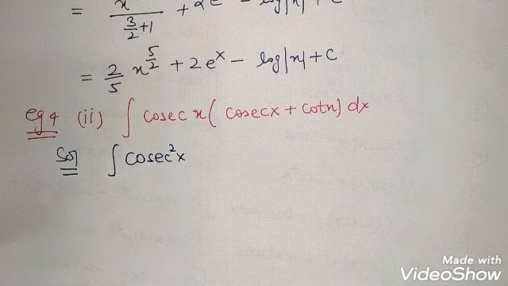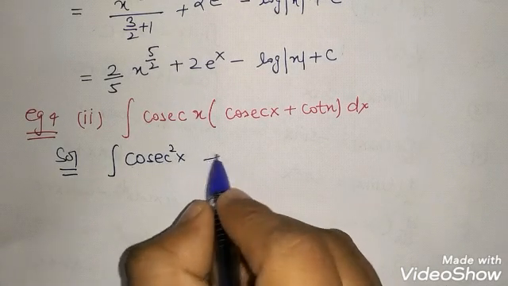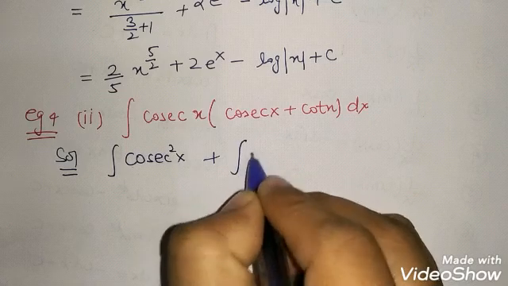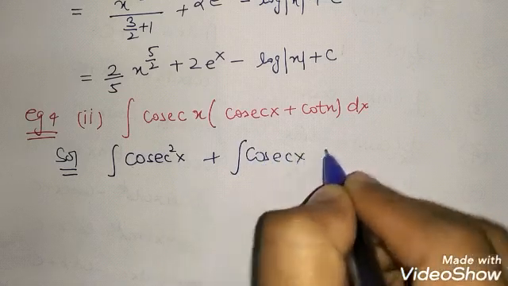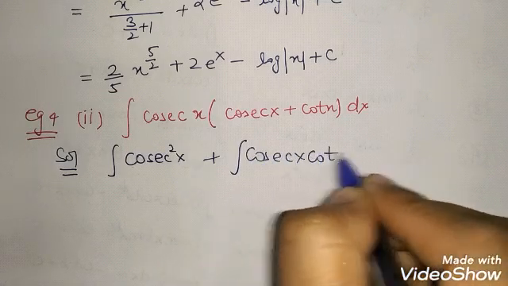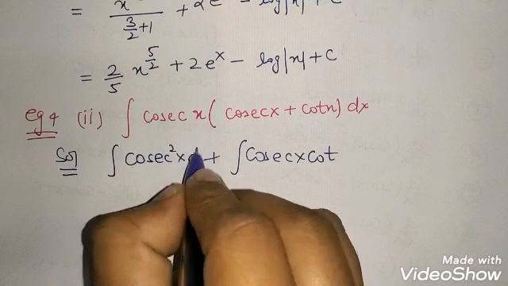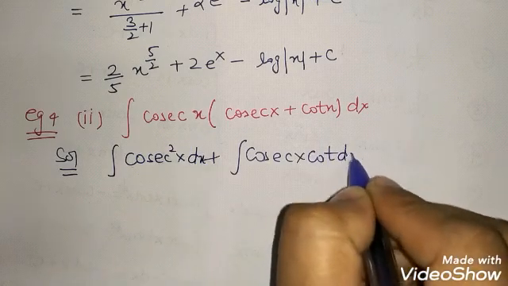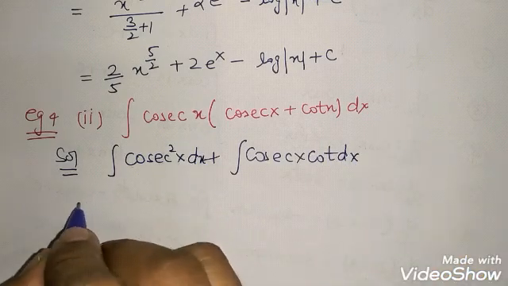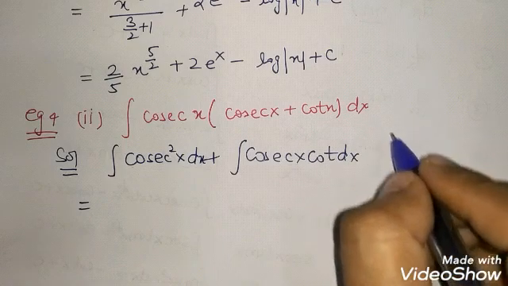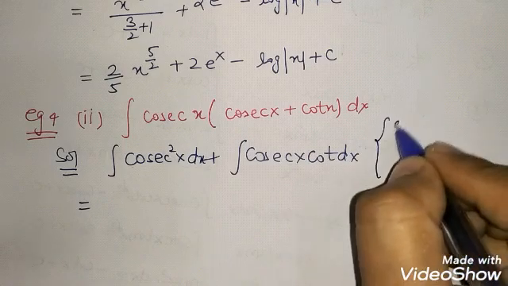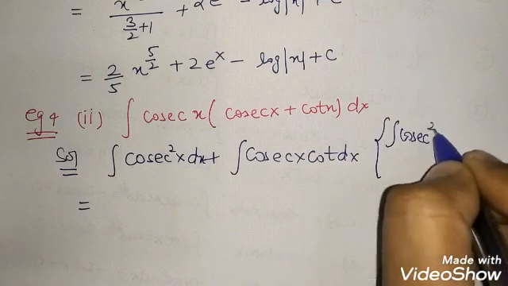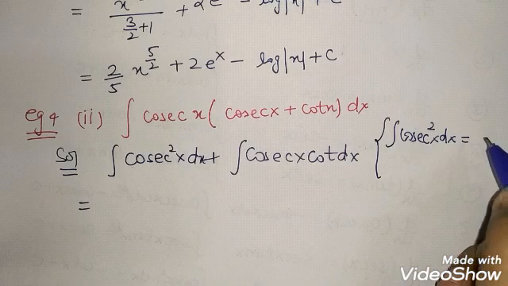We are getting integration of cosecant square x plus integration of cosecant x cot x. Whenever we write integration, we have to use the symbol dx. As you know, integration of cosecant square x dx is equal to what?